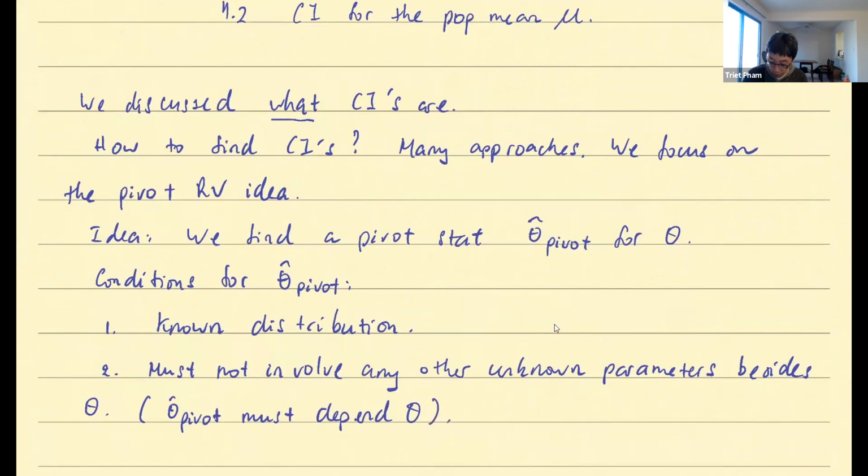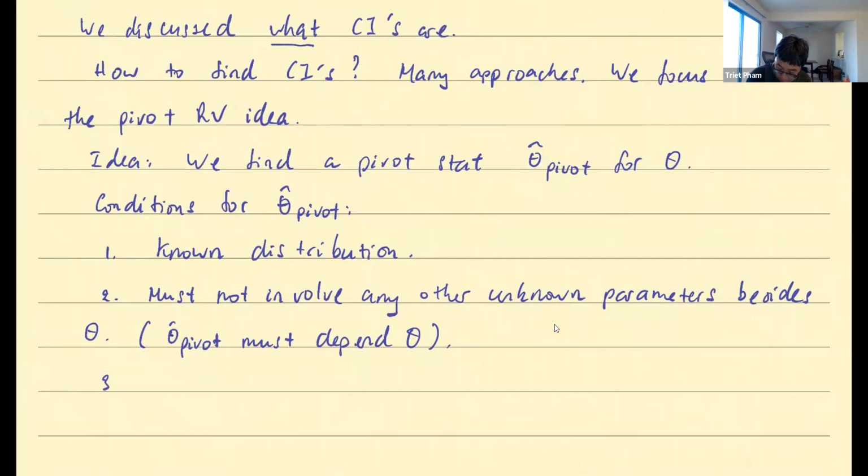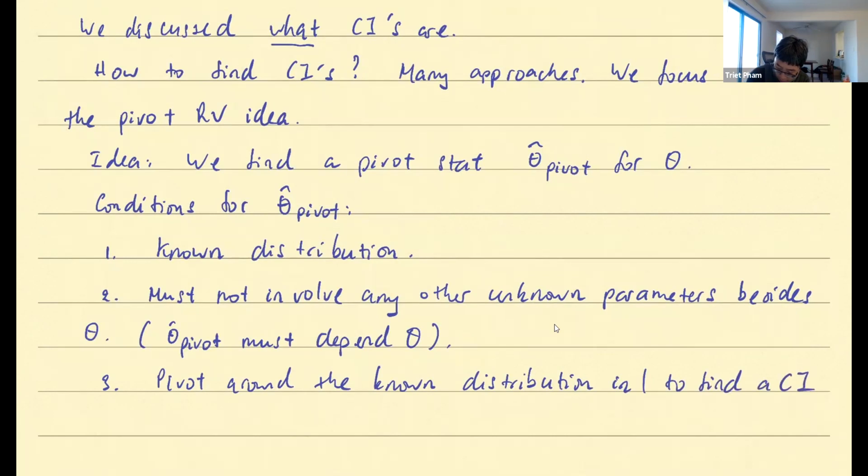Otherwise, the whole point of pivoting is meaningless. 3 is basically that now we pivot around the known distribution in 1 to find a confidence interval for theta.